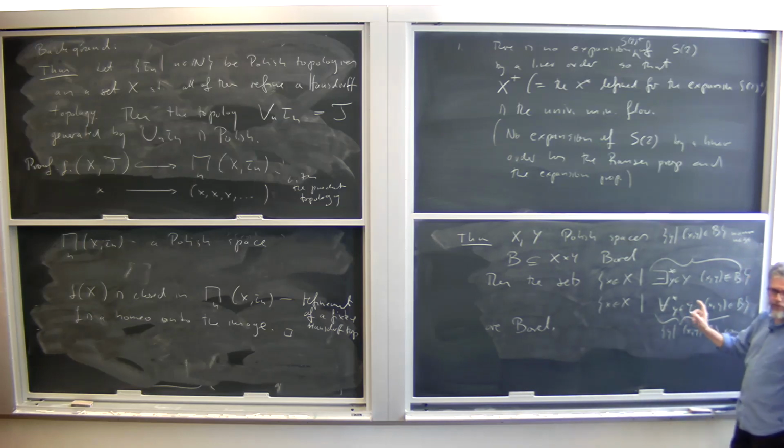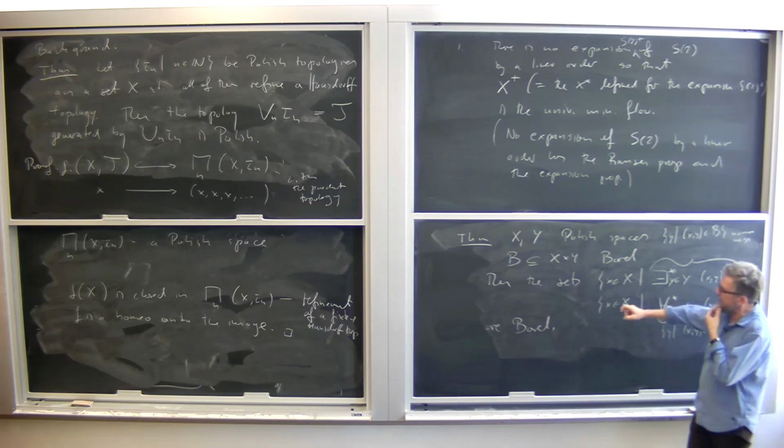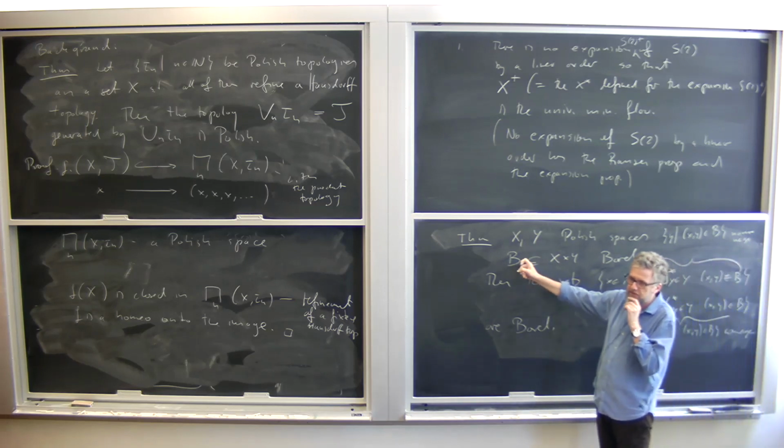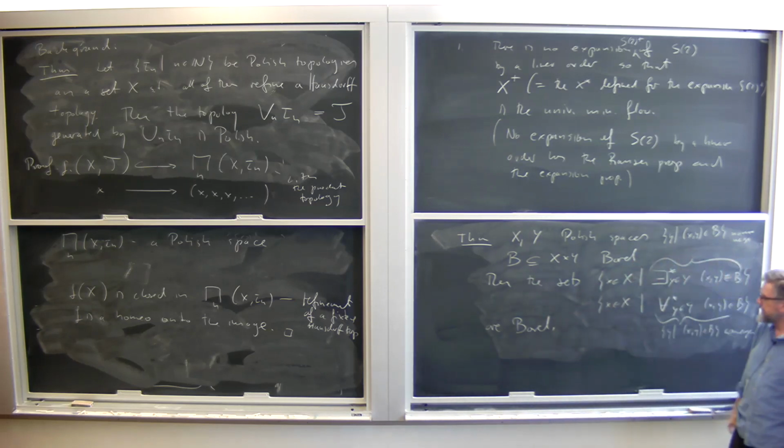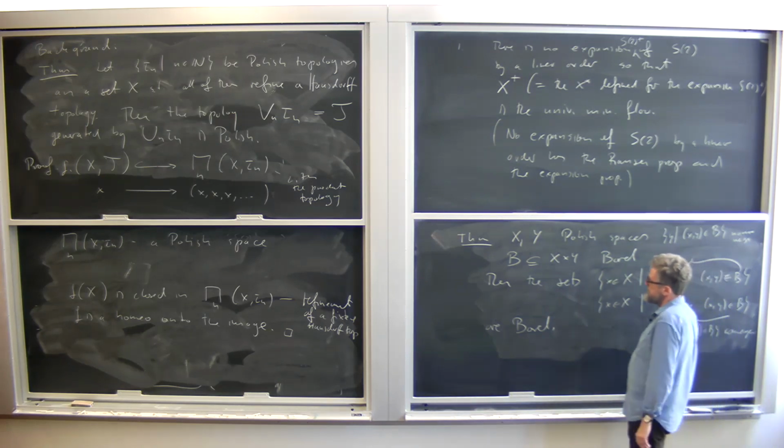I might have introduced this notation; it is very convenient. Yes, so these are Borel sets. This is proved by transfinite induction on the complexity of B: you start with open sets and then you do it.